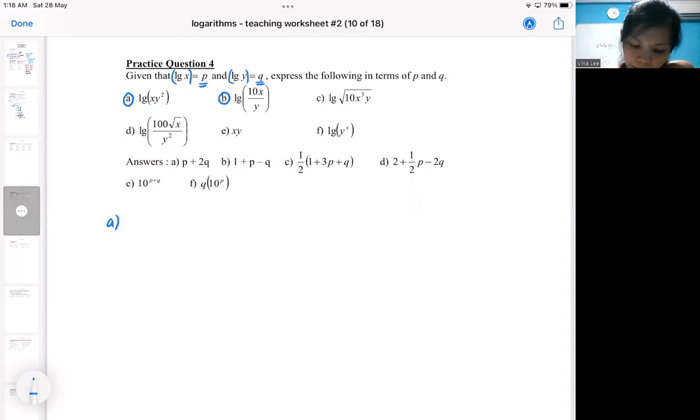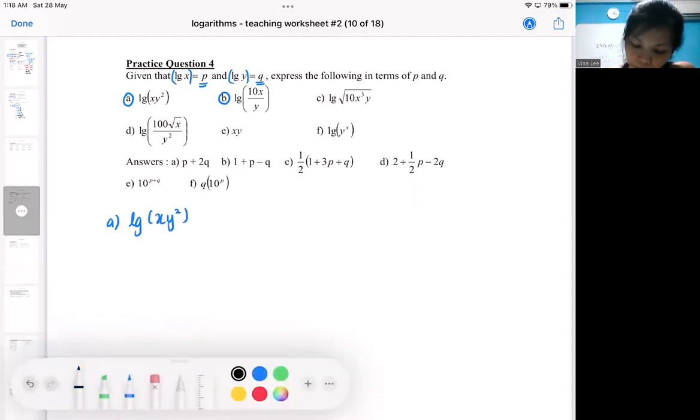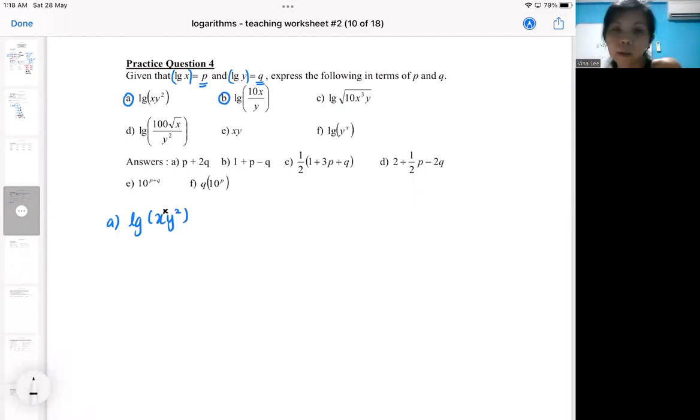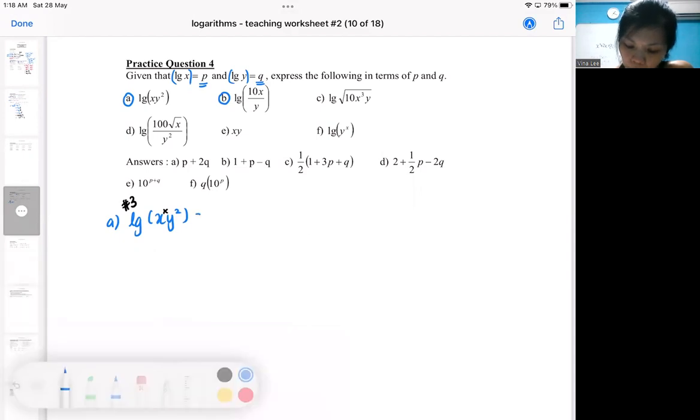So if you look at A, you should see that that is the log of a product. So you should see that this is a product. So if this is a log of a product, according to rule number 3, I can split into log plus log.